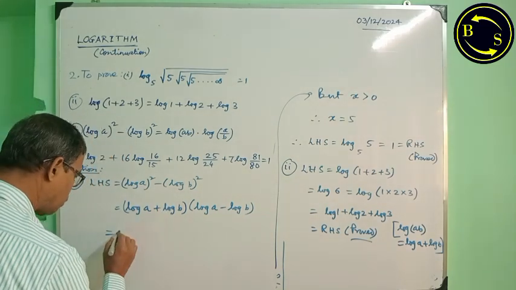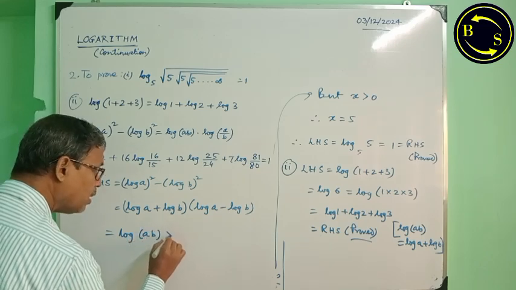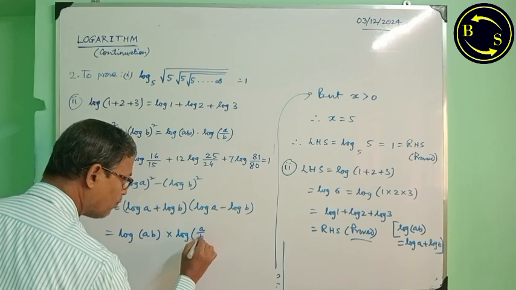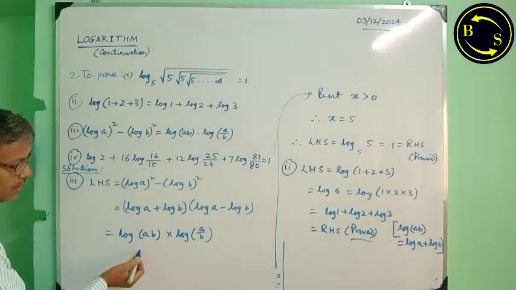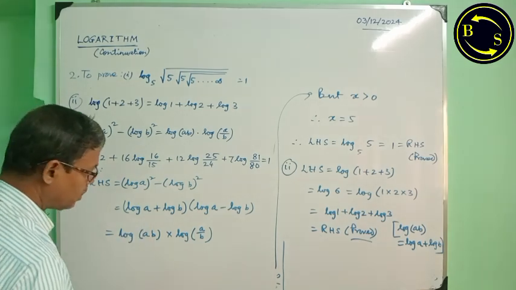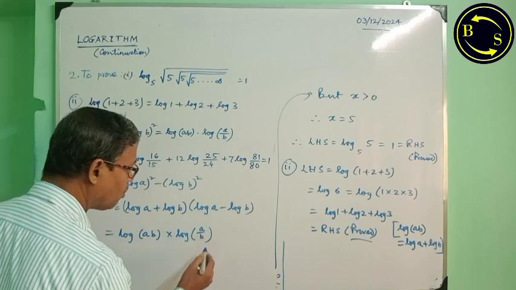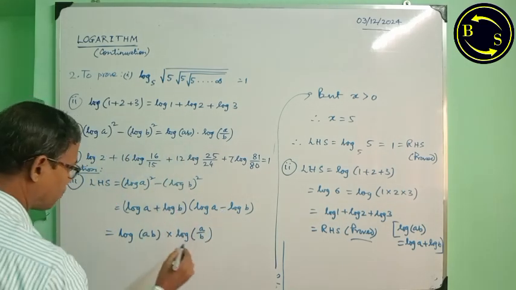Now as per formula, this will be log of AB into log of A by B. This is product formula. Also we can call sum formula, conversion. Now this is the RHS part.